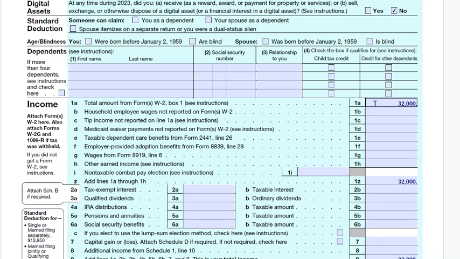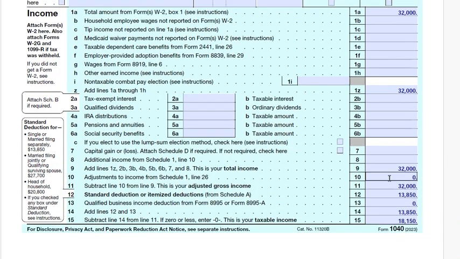Line 1a lists his income from the W-2, which is $32,000, and then he has no other income sources. And so all this would be 0 or blank. And then 1z combines everything from 1a to 1h, and we get $32,000.